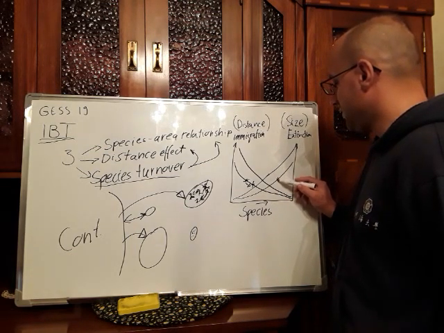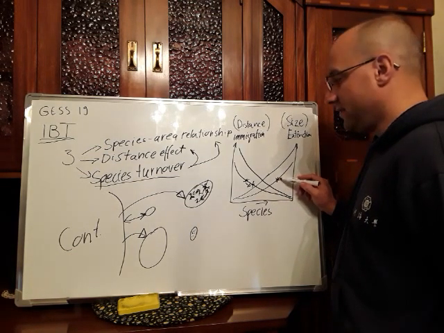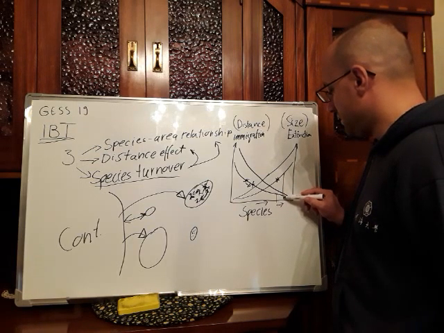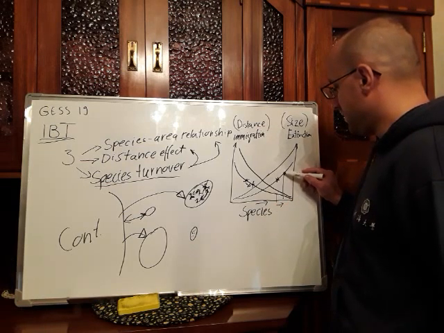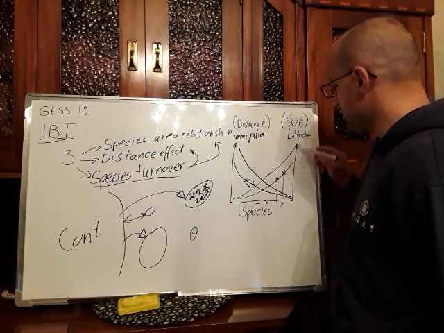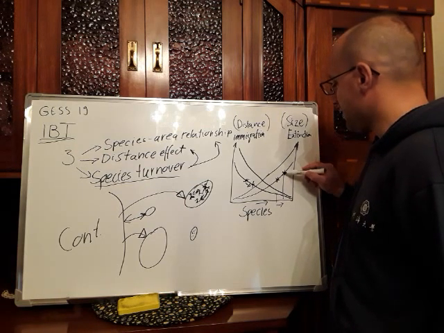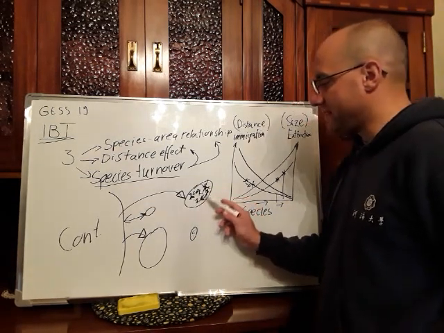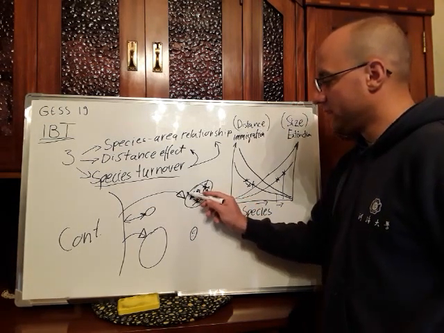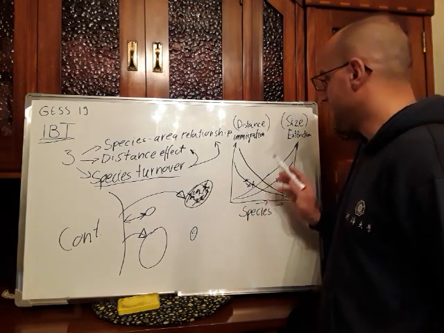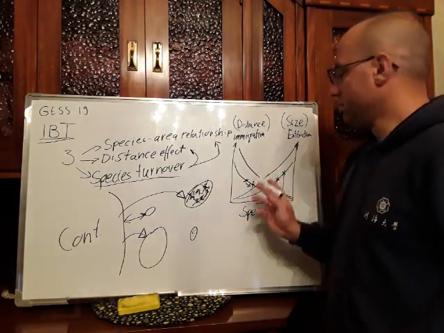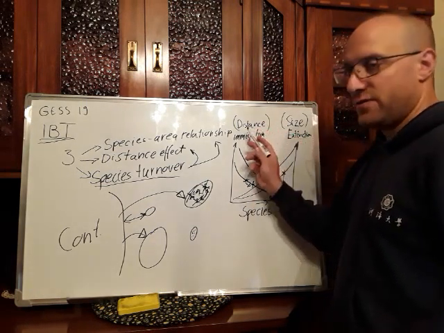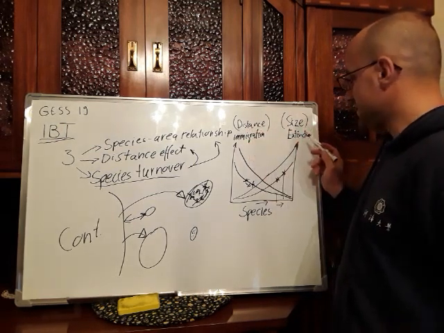Whenever we have a certain number of species and there is growth, we reach a point where the extinction rate will be higher. So with more species already, there is a higher chance that some of them would disappear, go through extinction. So these are basically the two processes that are ongoing: immigration and extinction, driven by distance and size.